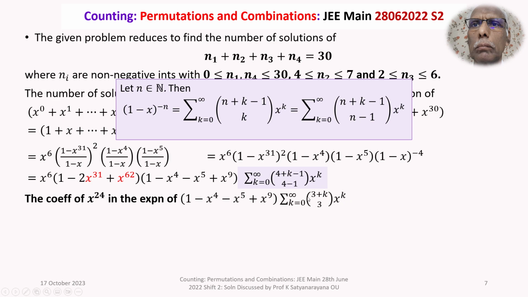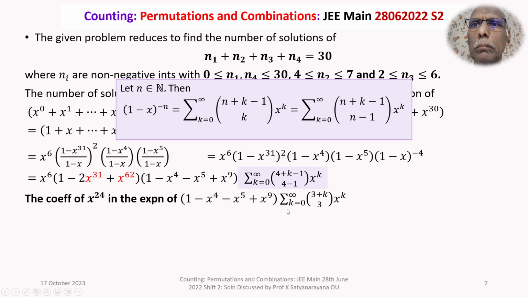So that means (3+k choose 3) when k is 20. Minus x to the power of 5: the coefficient of x to the power of 24 will be for this minus (3+k choose 3) when k is 19, since 19 plus 5 is 24. Plus this one, 9 is here, and looking for x to the power of 24, so take k equal to 15.